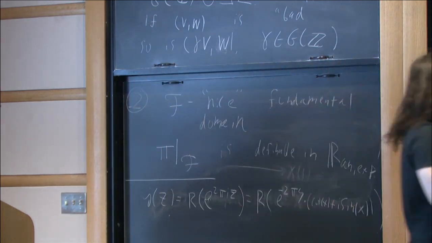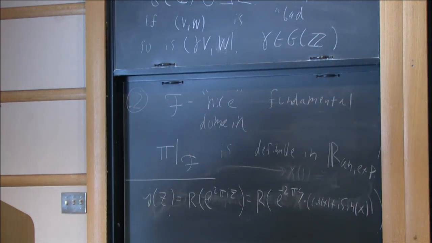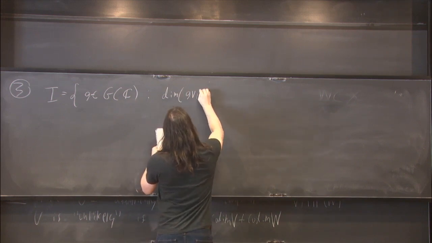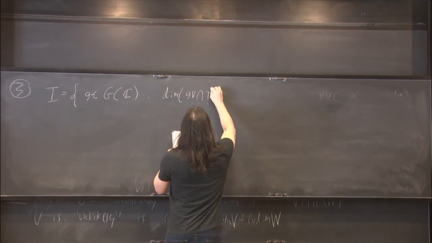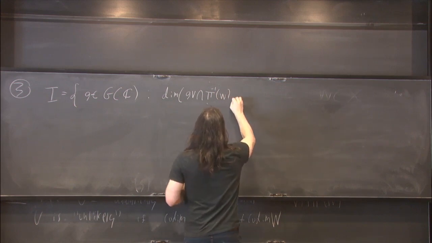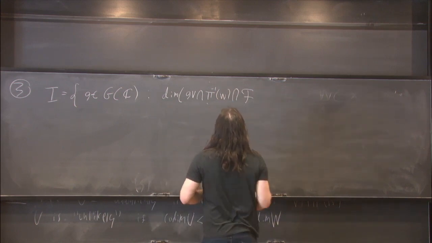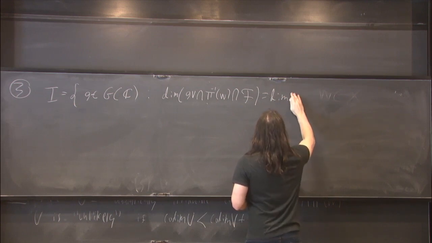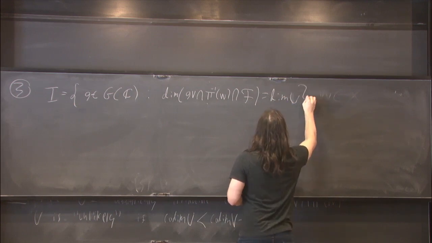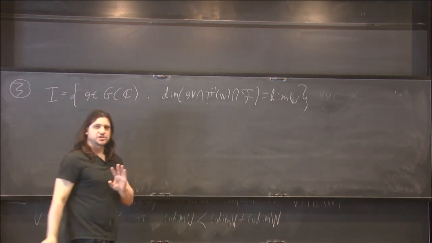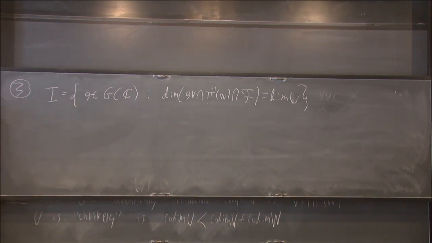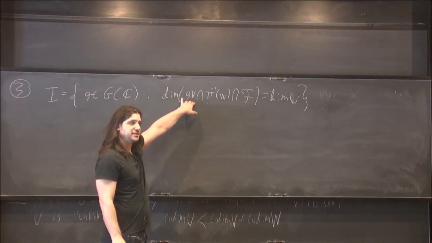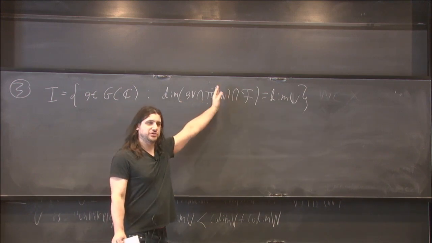But we're going to be a little more careful. We're going to say such that the dimension of gV intersect pi inverse W intersect this fundamental domain F is equal to dimension U. In other words, the first order way to think about this is we just want other algebraic varieties V which intersect W in too big of a set.